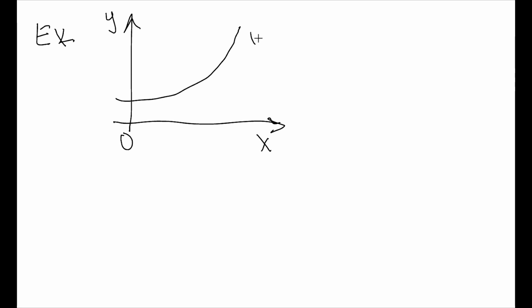They could also give you the graph of a curve. And this curve is y equals x squared plus e to the negative 2x. And they want the area under the curve between the x coordinates 1 and 2.